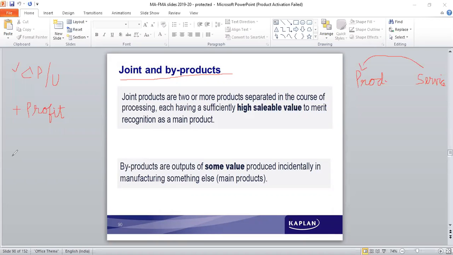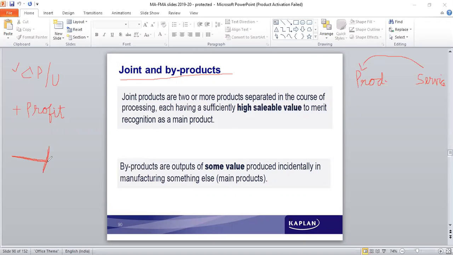Let's say that there are three products. When three products are produced, until a particular point of time, all of them pass through the same process. So instead of incurring the cost separately for each product, for all three products the costs are incurred as a combined cost or a joint cost.